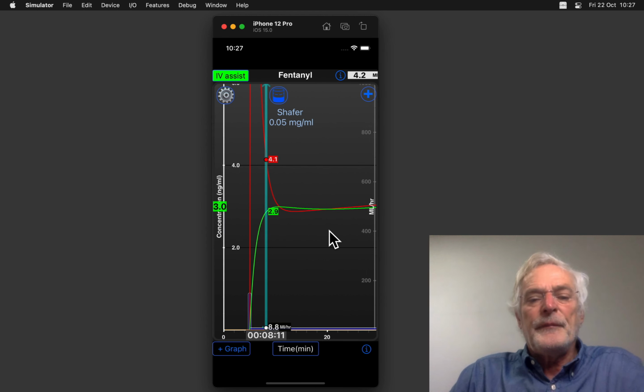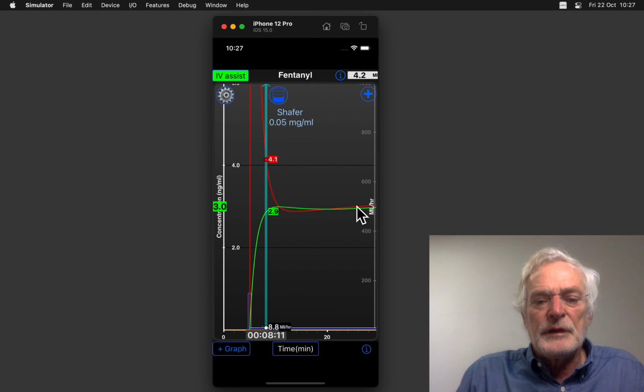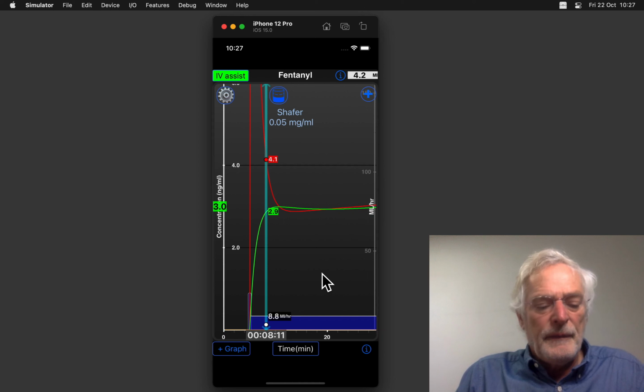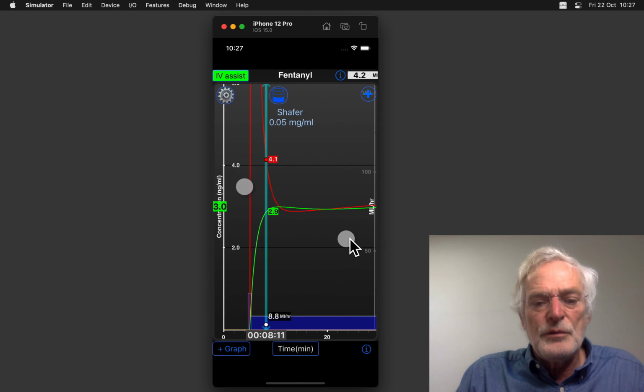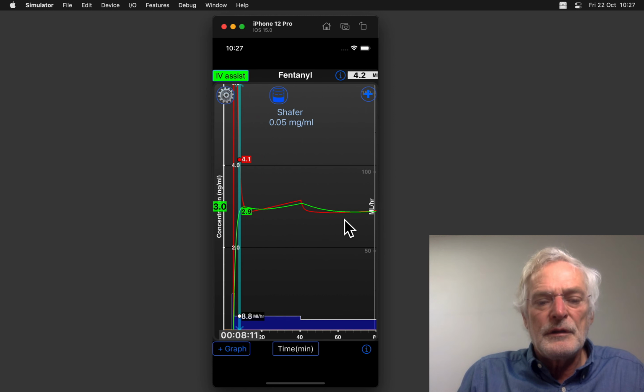But over time, I have to change my infusion. Let's make the scale a little bit different. It's now running at 8.8 mils per hour.